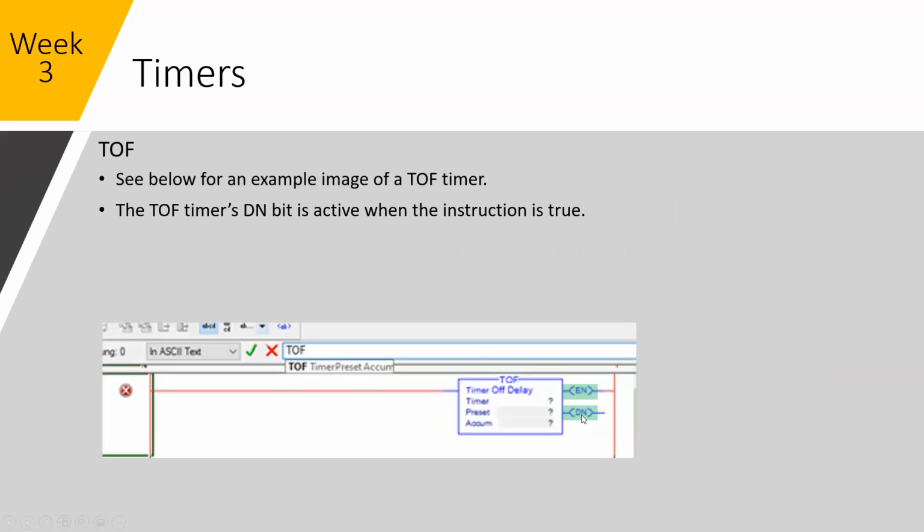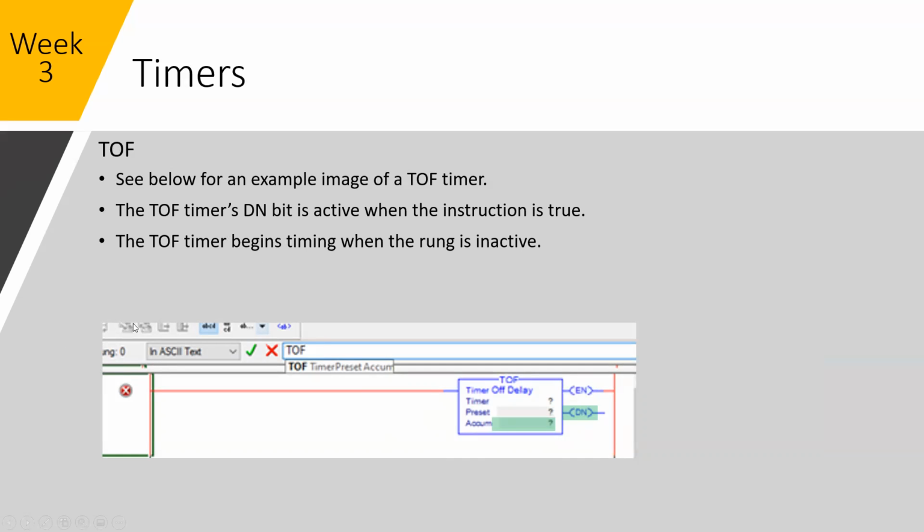So again, a T off timer here. You can see that it has a done bit. The T off timer's done bit is active when the instruction is true. The T off timer begins timing once the rung is inactive.